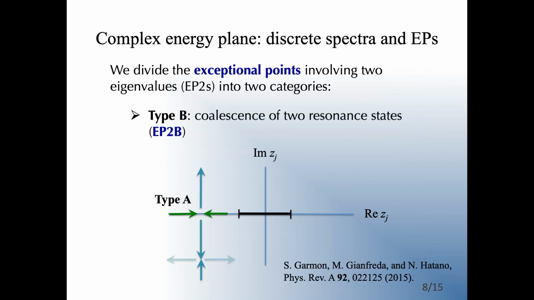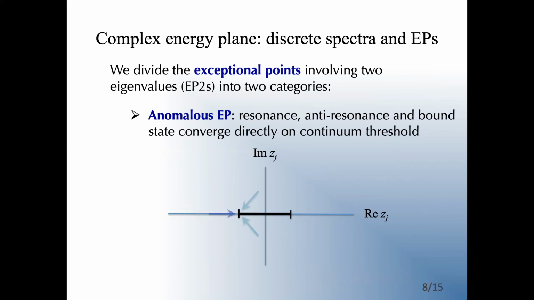Then the EP2B is the case in which two pre-existing resonances coalesce before forming two different resonances. The main subject of this talk will be an anomalous exceptional point, which involves the coalescence of a resonance, anti-resonance, and bound state that converge directly on the continuum threshold.